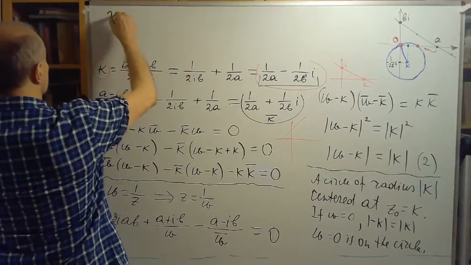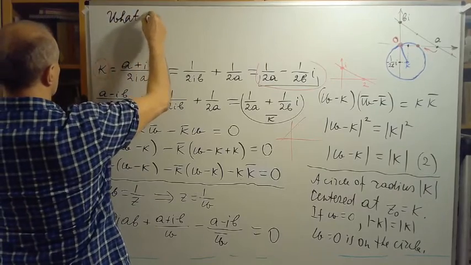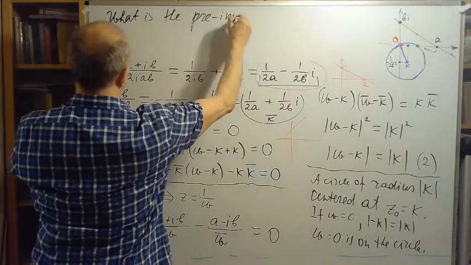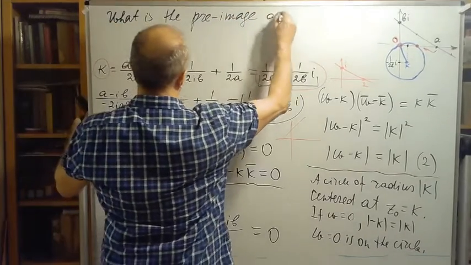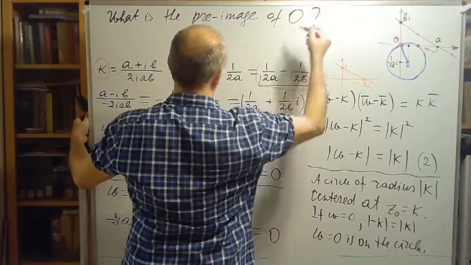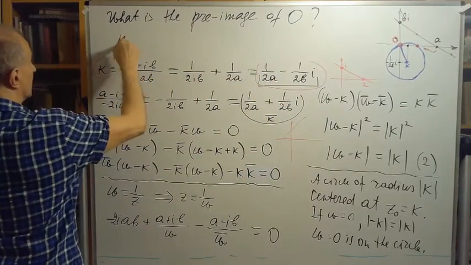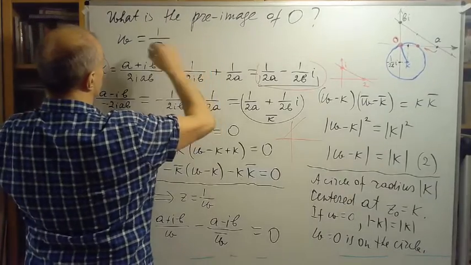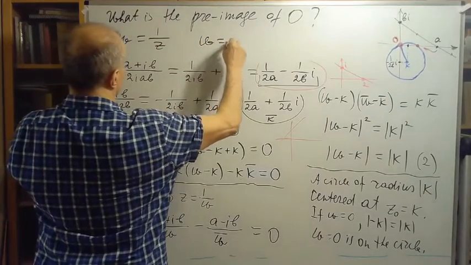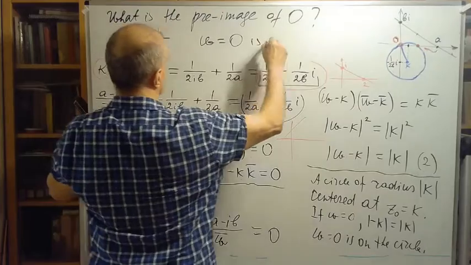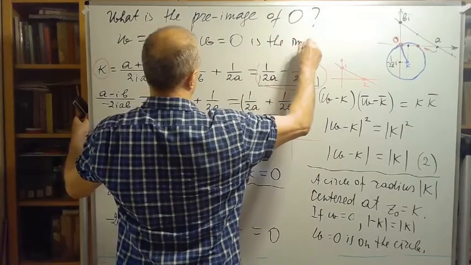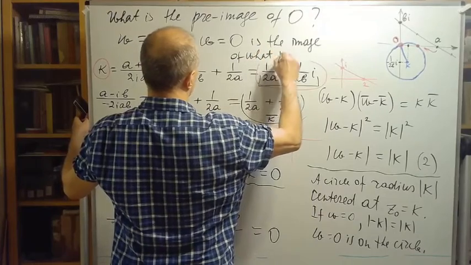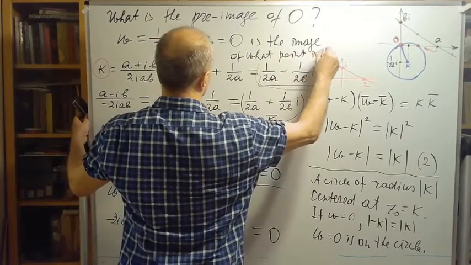So that's an interesting question. What is the pre-image of the origin? Our transformation is W equals 1 over Z. So W equals 0 is the image of what point in the line?